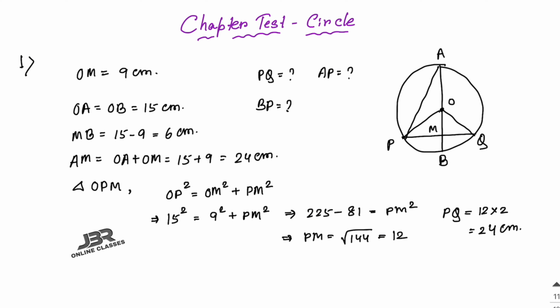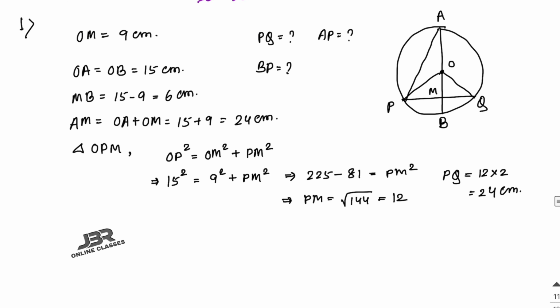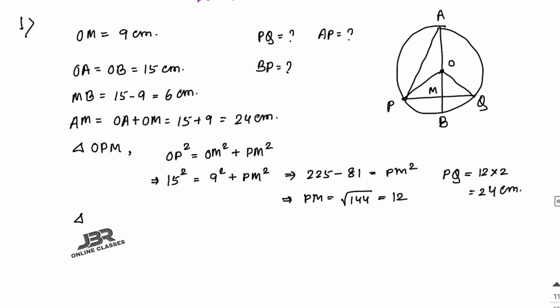Now next you have to find out AP. For AP, from the triangle APM, AP square is equal to PM square plus AM square.